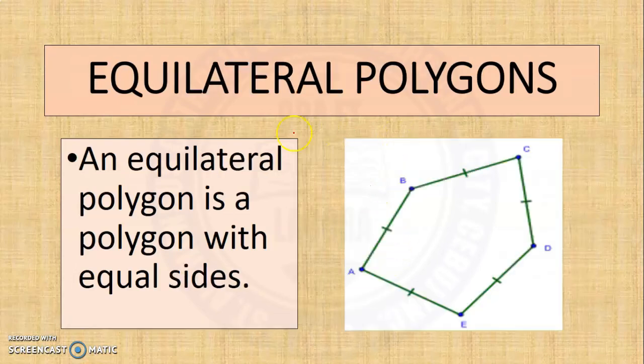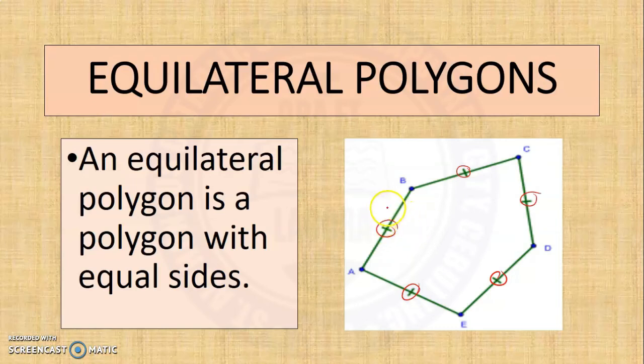Next is equilateral polygons. An equilateral polygon is a polygon with equal sides. Now look at the figure here. As you can see, there are tick marks. So that means all the sides are equal, or all the measurements of the sides are equal.